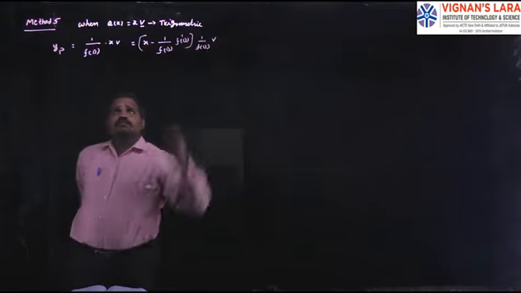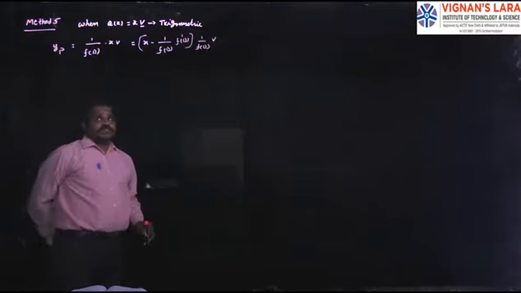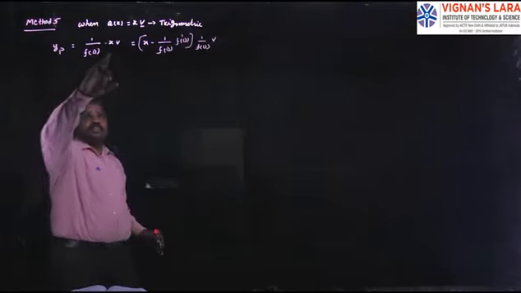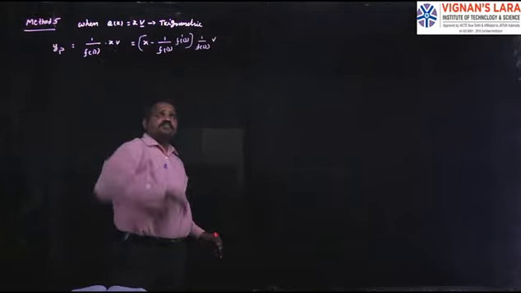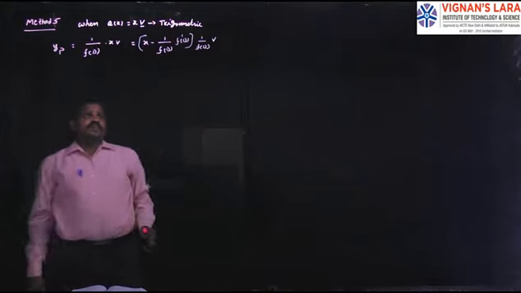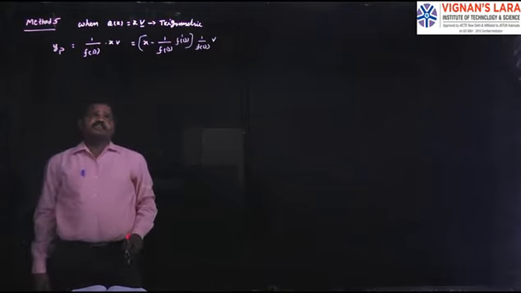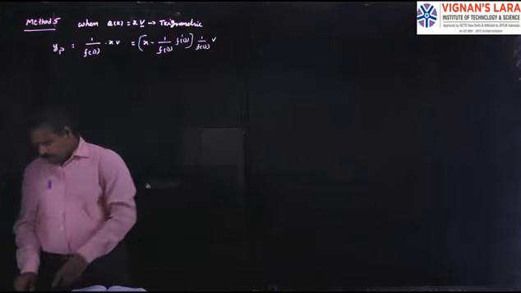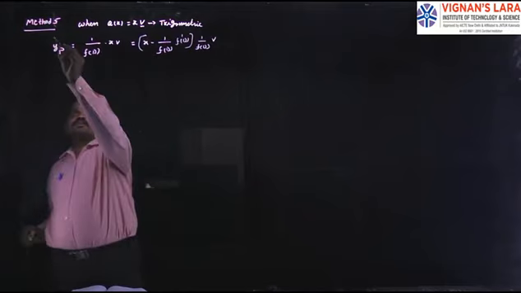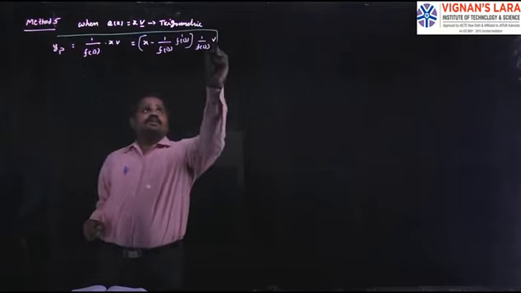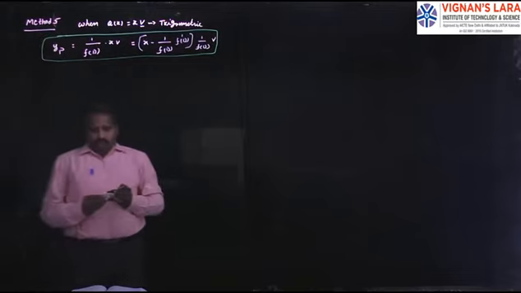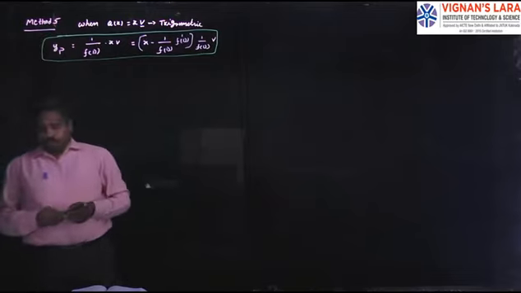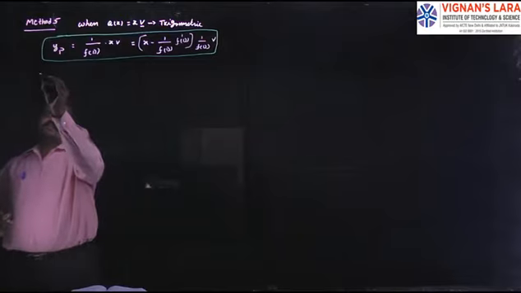This is the formula for the particular solution. 1 by f of D into x into v can be written as x minus 1 by f of D into f dash of D into 1 by f of D into v. So this is our formula. We have to remember this formula carefully when the right hand side is in the form of x into v. Then only we will do the problem. So write an example.